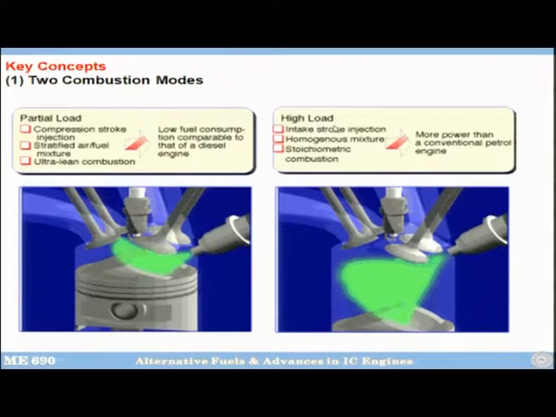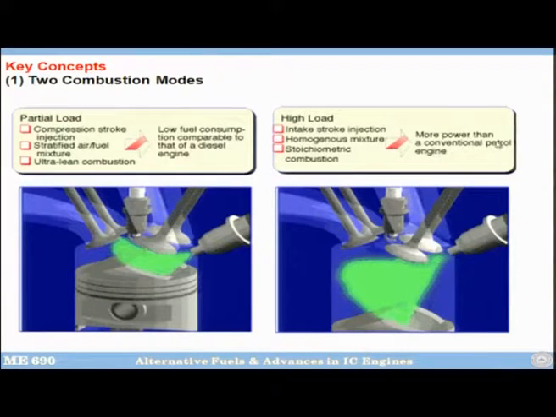Okay. So when you have high load, at that time when the piston is going down, you are injecting, so fuel is injected, and you can see this cone formation here. So evaporation will be very quick. So this is the intake stroke injection, and this helps you achieve a homogeneous mixture in the entire cylinder. So every nook and corner of the cylinder will now have a stoichiometric mixture or close to stoichiometric mixture, and since it is close to stoichiometric mixture, you will have stoichiometric combustion.